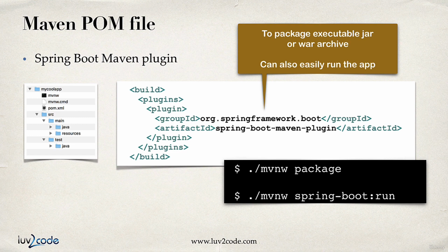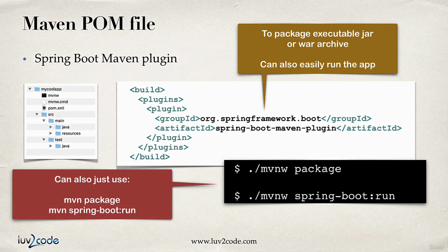So I'll actually run the application. So that's the idea of the Spring Boot Maven plugin for packaging and also for running. Now, if you already have Maven installed on your computer, then you don't need the Maven W stuff. You simply say mvn package and then mvn spring-boot:run. So totally up to you based on your environment and based on your configuration.